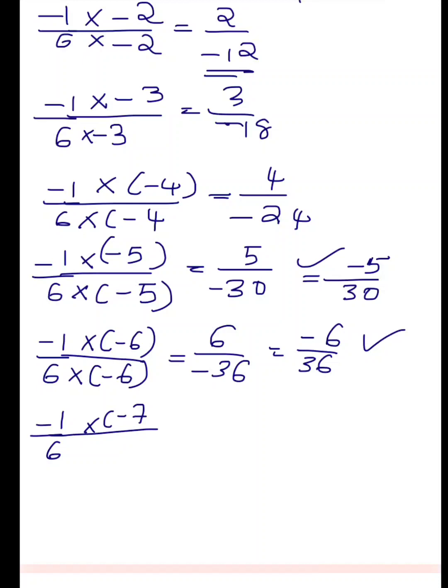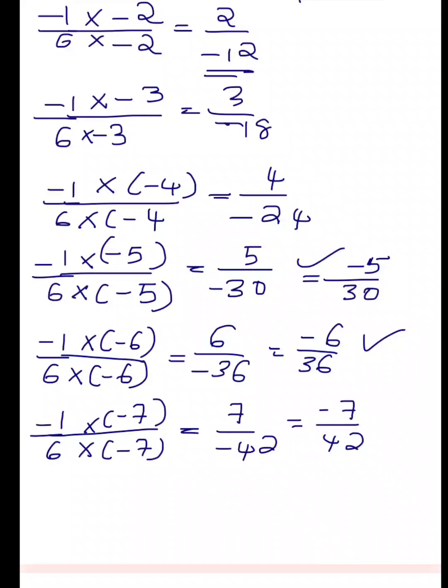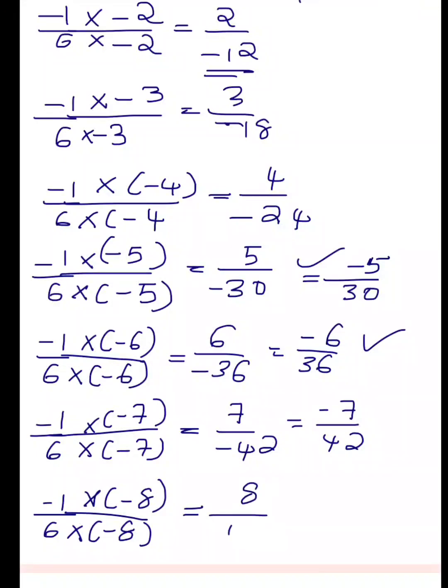Okay, so what will be the answer? 7 by minus 42, or minus 7 by 42. Okay, now one more rational number you have to find, that is minus 1 by 6 into minus 8 by minus 8. So the answer will be 8 by minus 48, or you can write minus 8 by 48. Okay, so this is the answer for this question. Okay, 4 rational numbers you have found out. Next 4 rational numbers.